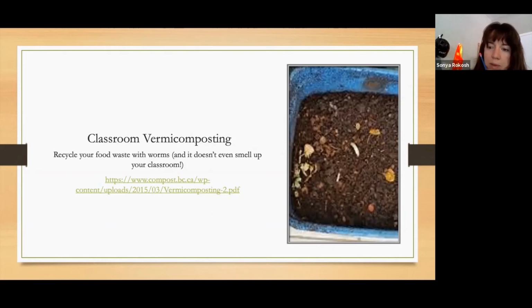You make it a class goal or a class job to feed the worms your compostable fruit and veggie material, cut up really tiny. You can make lessons around that appropriate for K to grade 12. If anyone has questions, feel free to contact me as well.